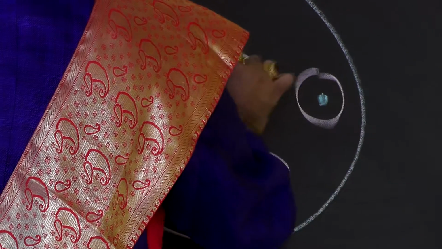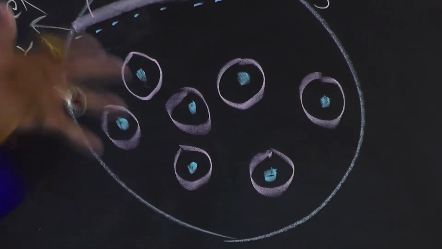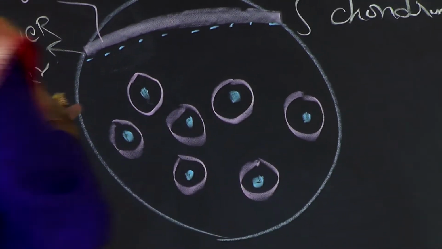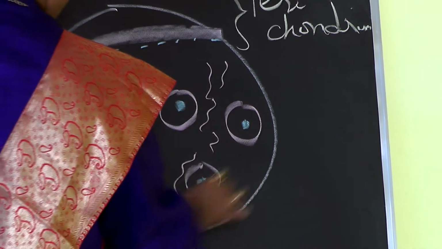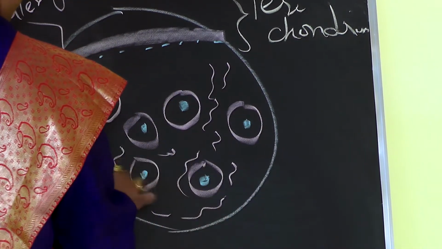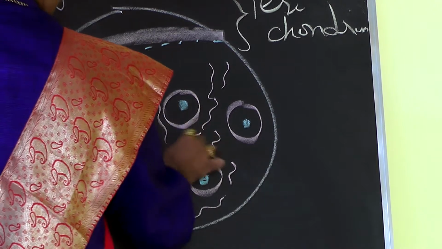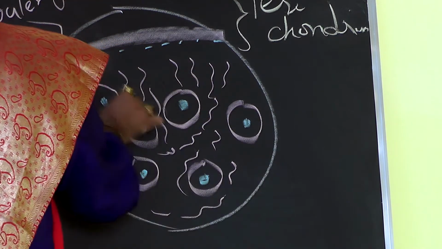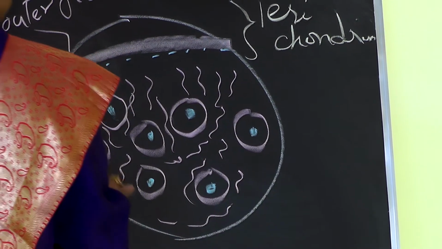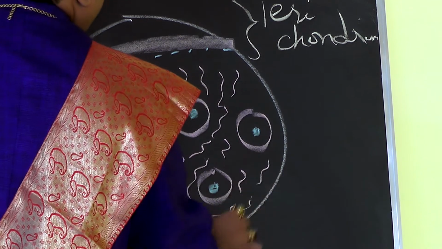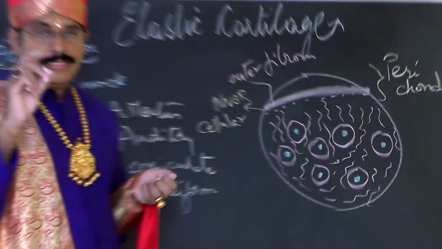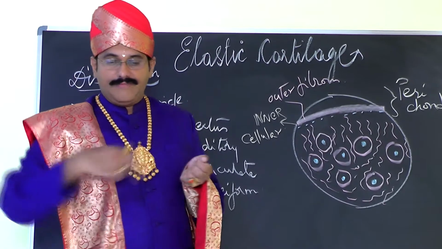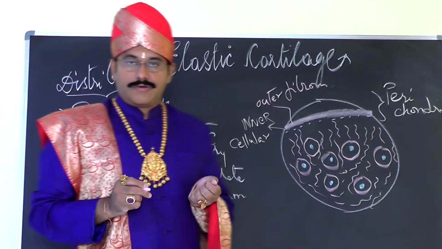Interspersed between these chondrocytes, the matrix shows lots of elastic fibers. The collagen fibers are reduced very much, and what you have are elastic fibers, which are small and wavy in pattern, present around the chondrocytes.